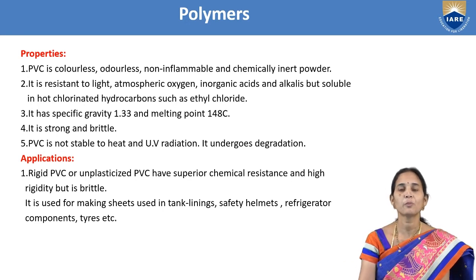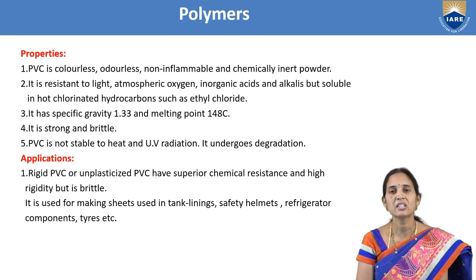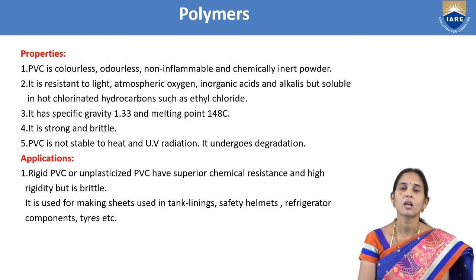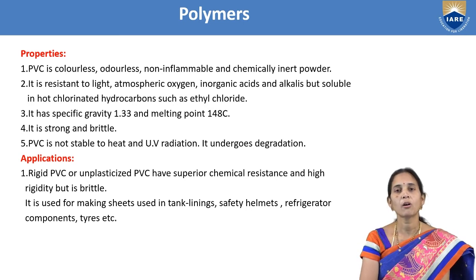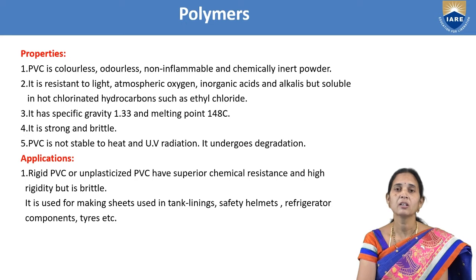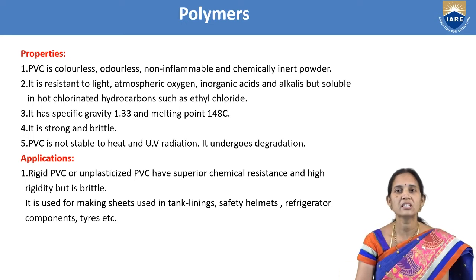Next, what are the properties of polyvinyl chloride? Polyvinyl chloride is a colorless, odorless, non-inflammable and chemically inert powder. It is a white powder type. Also it is resistant to light, atmospheric oxygen, inorganic acids and alkalis.